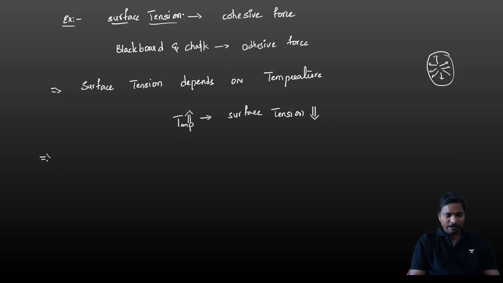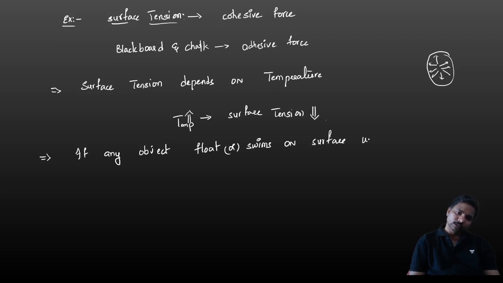And one more important point here. If any object floats or swims on the surface of water, there may be two reasons. What are those?